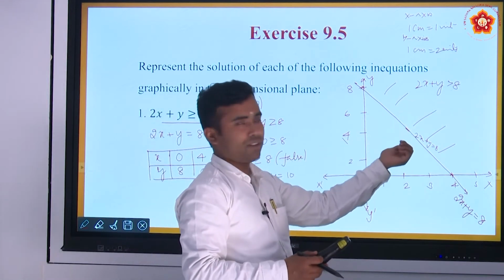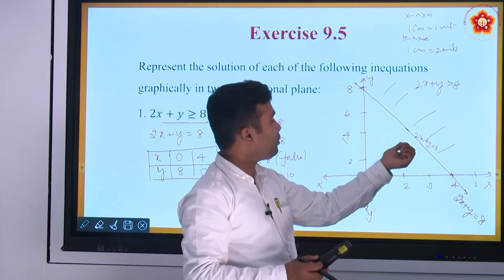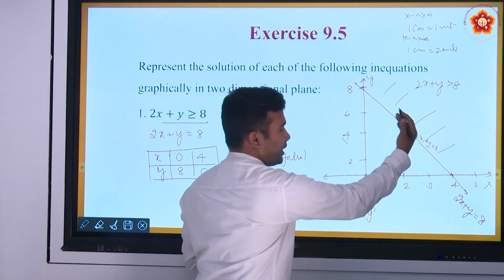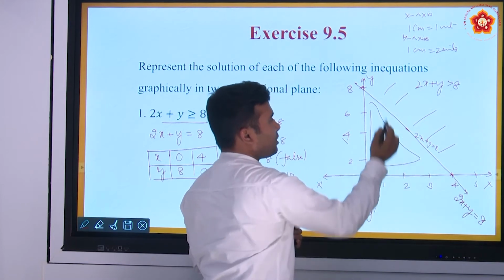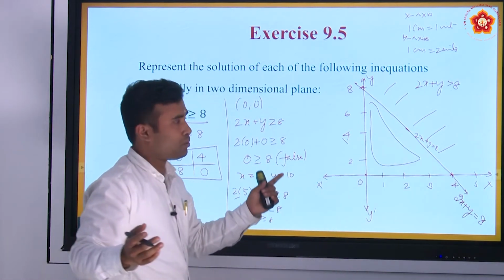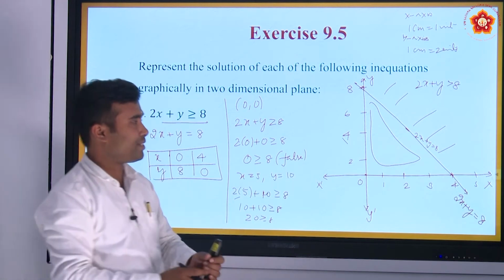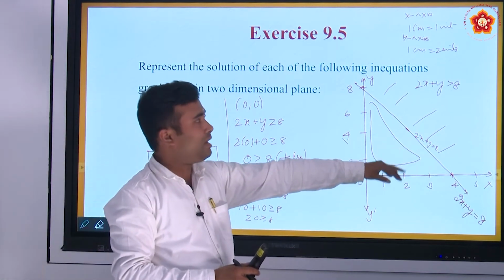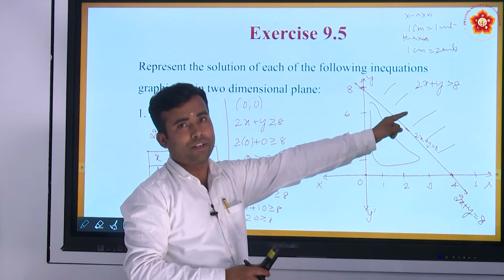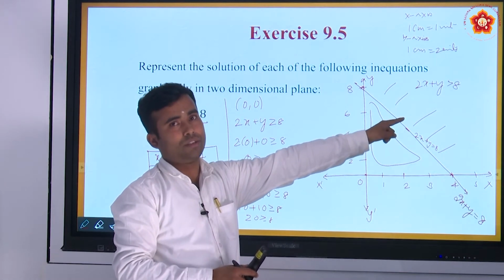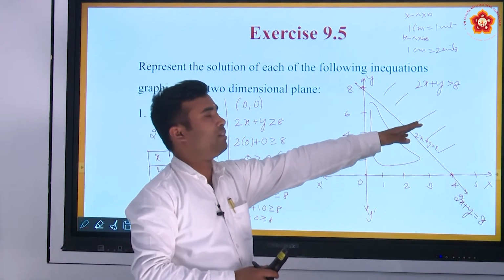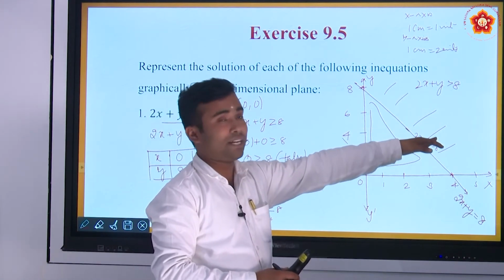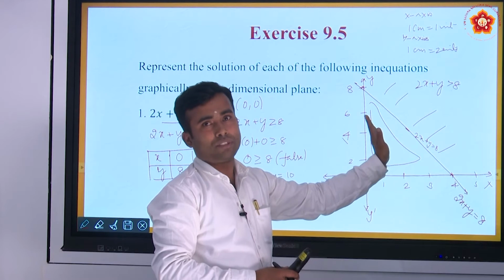We can't say the other side is a solution region, because if you take any point below, any point in that region, the inequality may not be satisfied. So that region is not a solution region, and this is the region where we really find the solutions of the given inequality. Okay, you may take any value here, any value for x and y, it satisfies, but below this it won't satisfy.